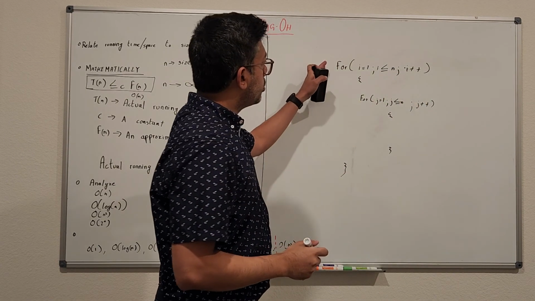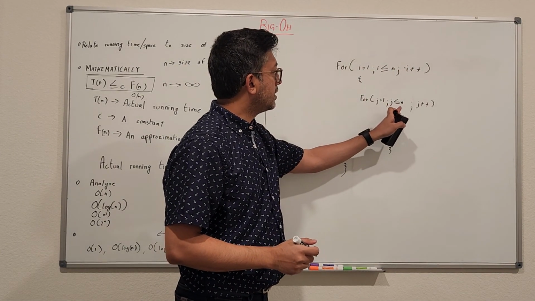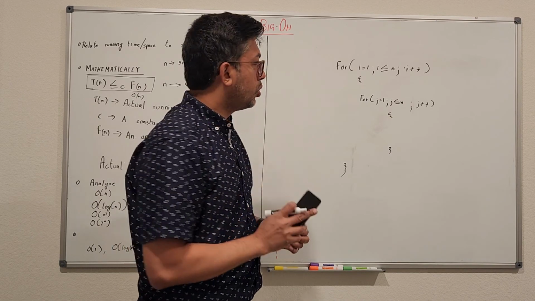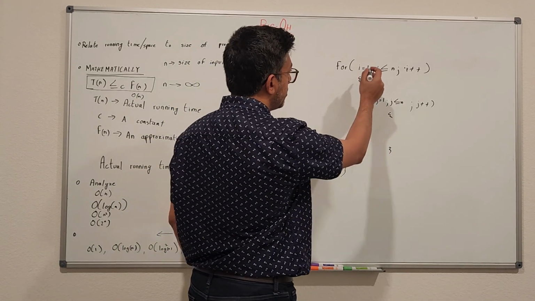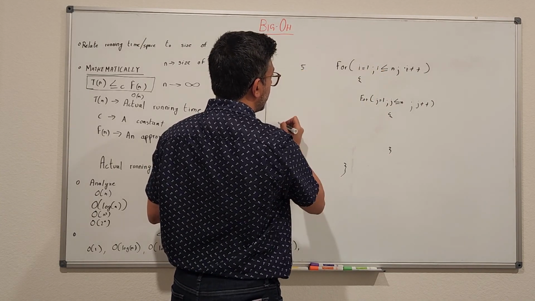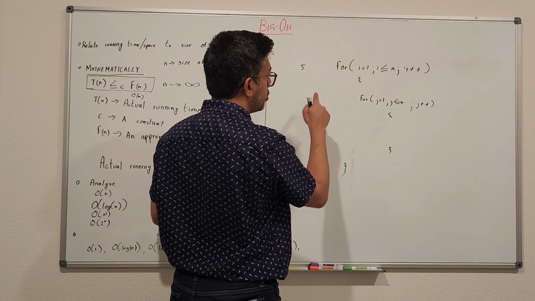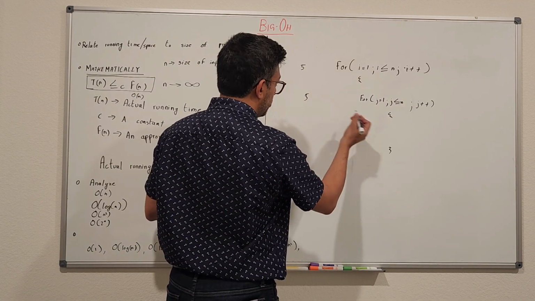Say for i equal to 1, i less than or equal to n, i plus plus, j equal to 1, j less than or equal to n, j plus plus. So here what happens? Say you pass in 5. Your outer loop will run 5 times, and for every time the outer loop runs, the inner loop will run 5 times. So what does that mean?